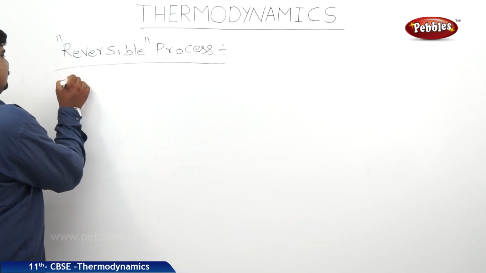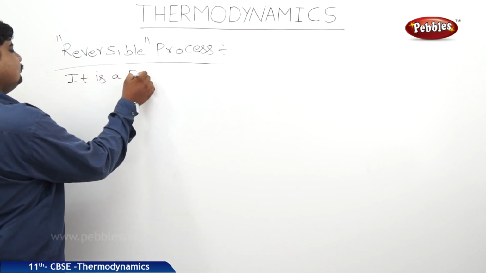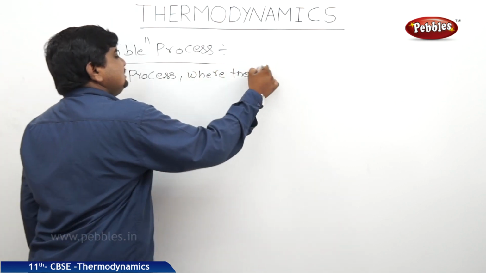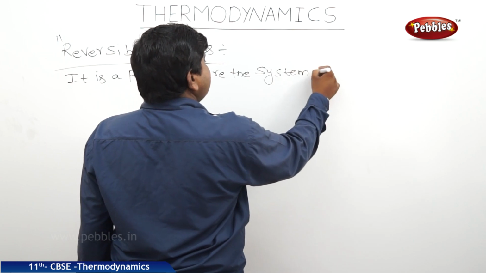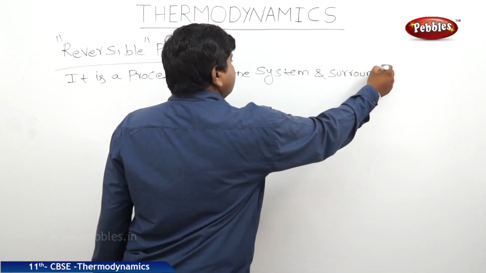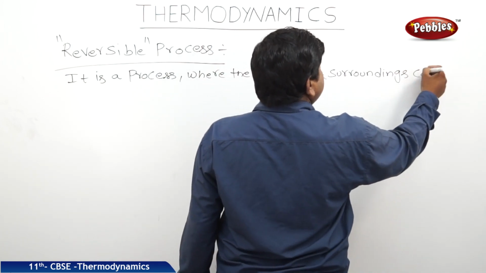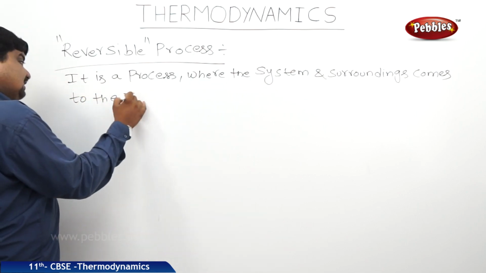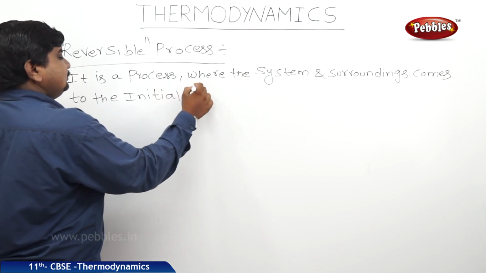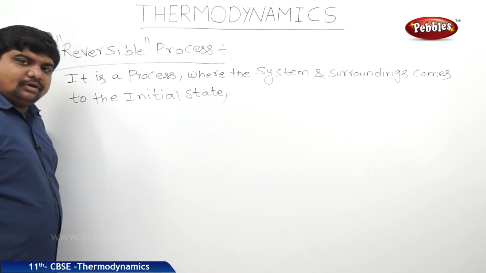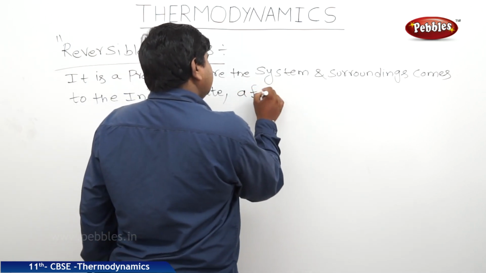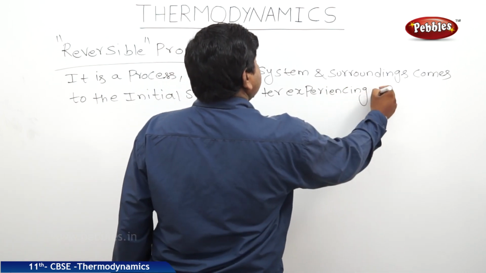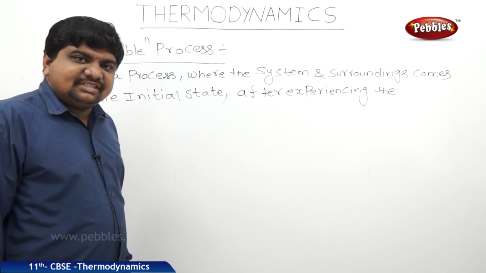So, reversible is a process where the system and surroundings come to the initial state after experiencing the changes in the physical quantities.